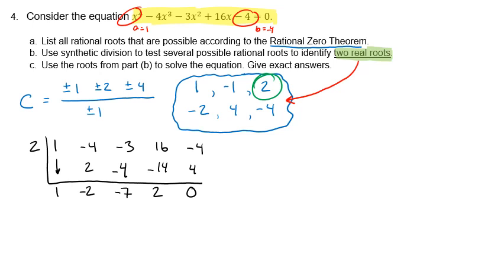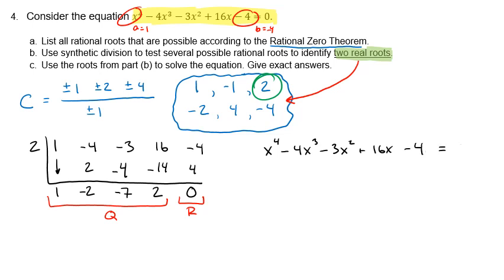Okay, so 2 is a 0, which means x minus 2 is a factor. Here's our remainder. Here is our quotient. So the original equation was x to the 4th minus 4x to the 3rd minus 3x to the 2nd plus 16x minus 4 equals 0.